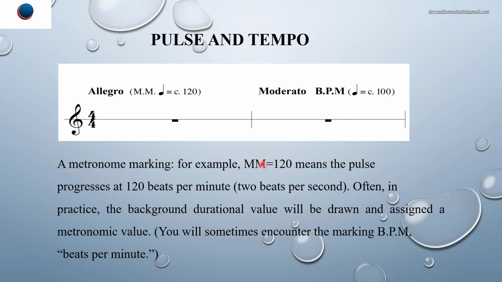So you could see that there are values showing that crotchet is equal to 120 BPM, or moderato, crotchet equal to 100. So you sometimes encounter the mark BPM, which means beats per minute.